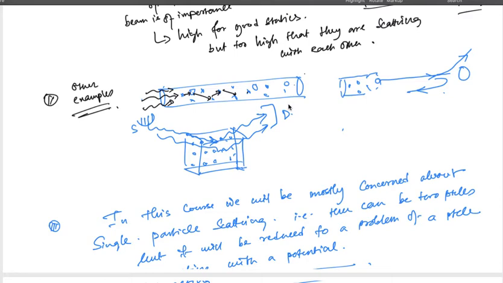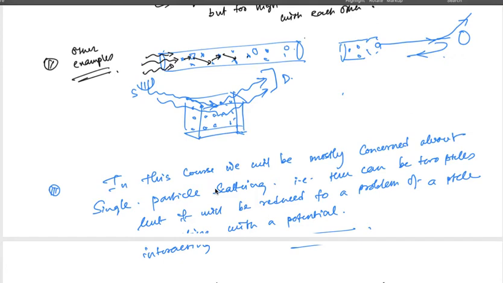By observing that pattern, you can say a lot about the structure or arrangement of the targets or the scatterers in the solid. So that is how you detect magnetic order or crystal structure in a solid material, by doing this kind of scattering experiment, which is X-ray diffraction, neutron diffraction, and the whole class of these experiments.